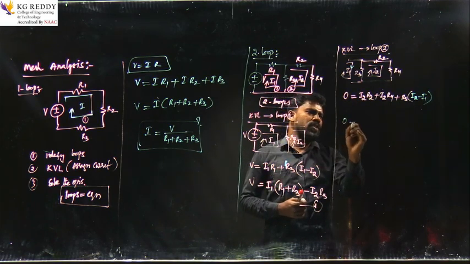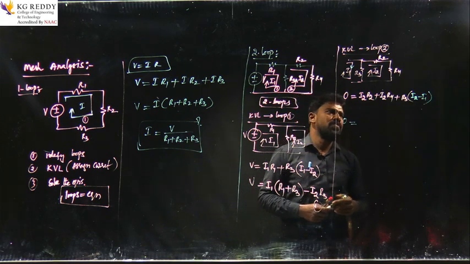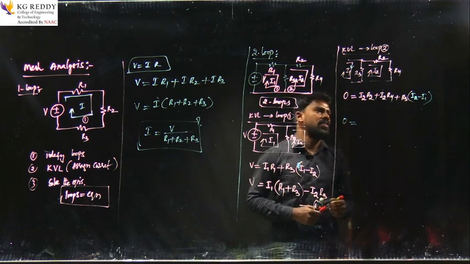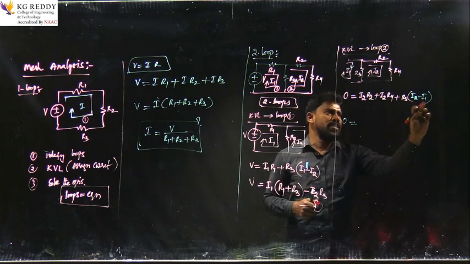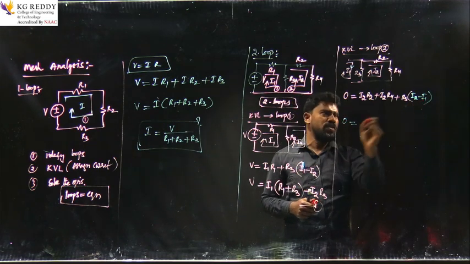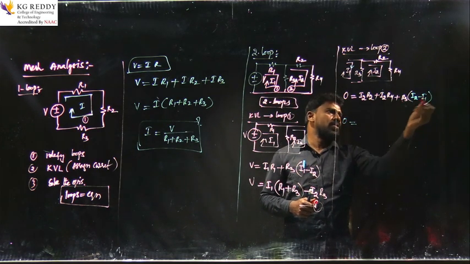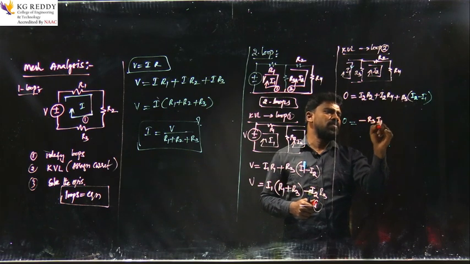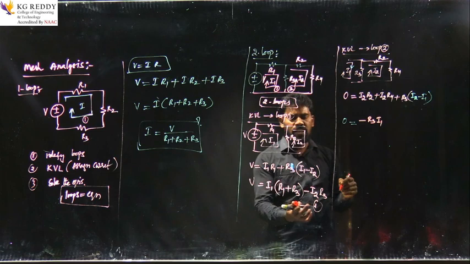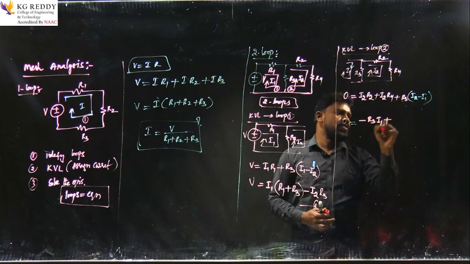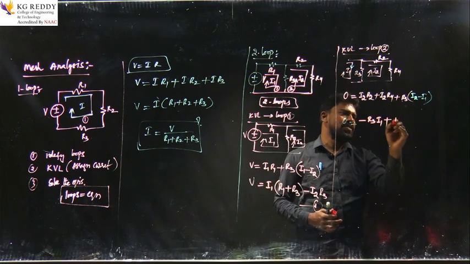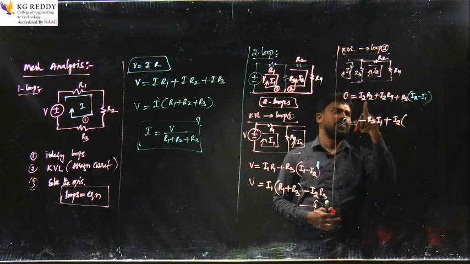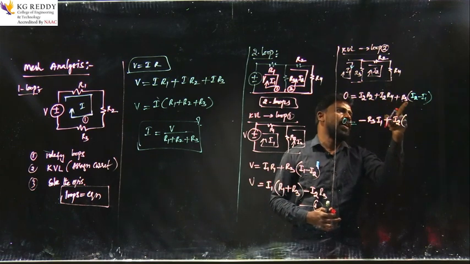Then 0 is equal to, you can observe what the common terms are. First I am going to write the I1 terms, so minus R3 I1. Then the I2 terms: R2 is there, R4 is there, R3 is there.